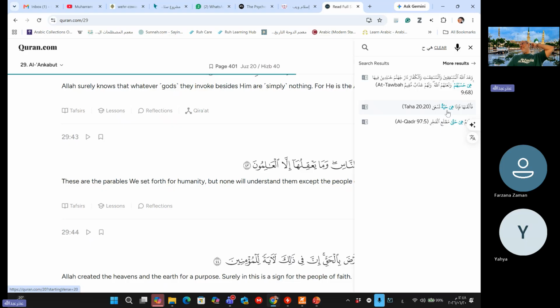Seen it? إذا هي حية تسعى, for the snake here. So the singular حية, snake, has a ta marbuta, so we use hiya with it for the singular. But then we have آيات.